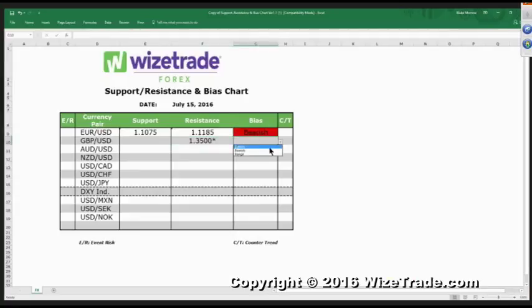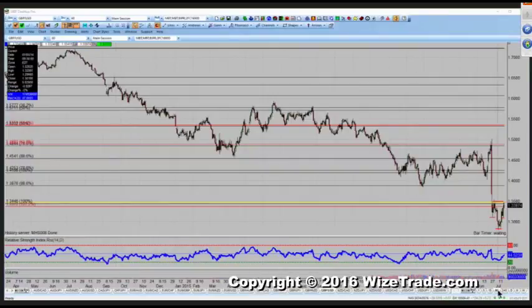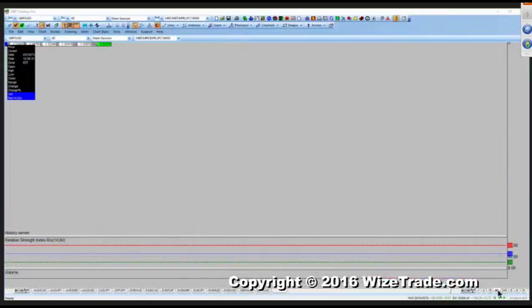Now, I'm not going to lie and say I haven't been buying the cable, because that would be a lie. I have been buying the pound. I haven't been buying the pound dollar. I actually shorted the pound dollar yesterday, but I bought the pound kiwi on Monday. I sold it obviously several hundred pips too early, but still, and I've shorted the euro pound. I've still been nibbling on the pound itself to the long side, but I'm nervous being long the cable.